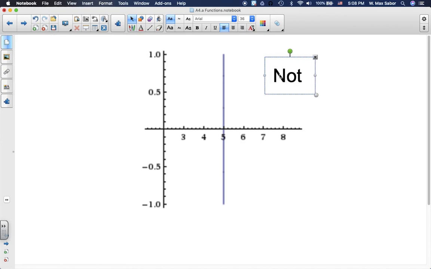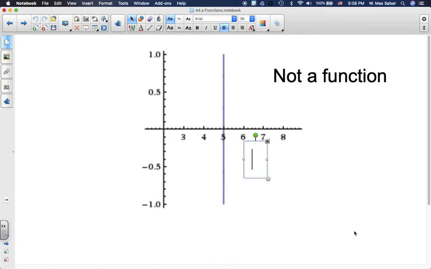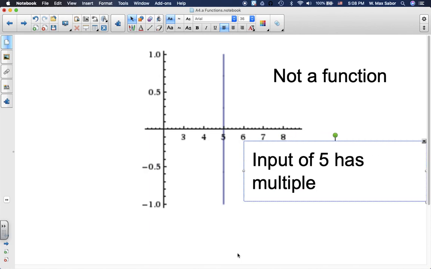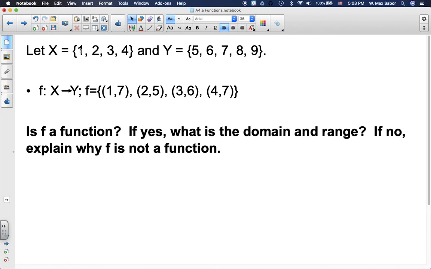This is not a function because the input value of 5 has multiple outputs. That's why it's not a function. So let x be this domain and that be the range. Is this a function?